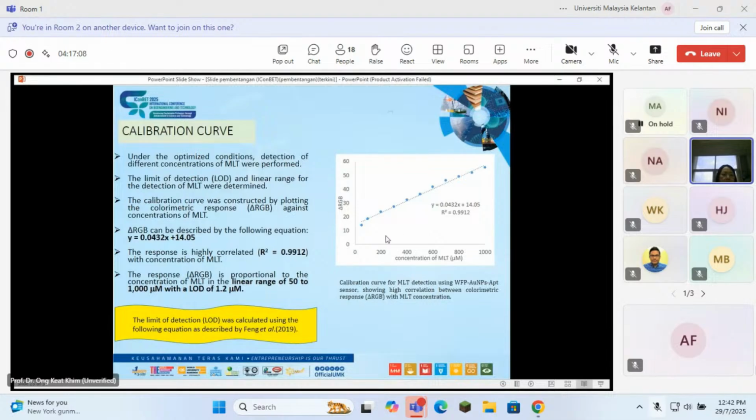The response of delta RGB is highly correlated with the MLT because the R squared is close to 1. From this calibration curve, you can see the linear range is from 50 to 1000 micromolar with an LOD of 1.2 micromolar. The LOD was calculated using the equation described by Feng et al.